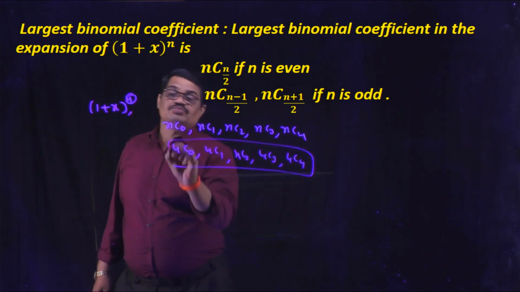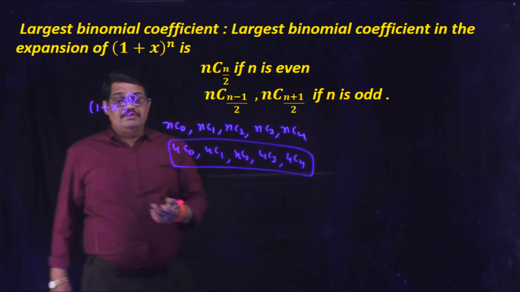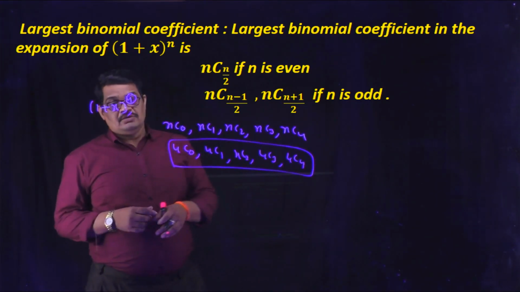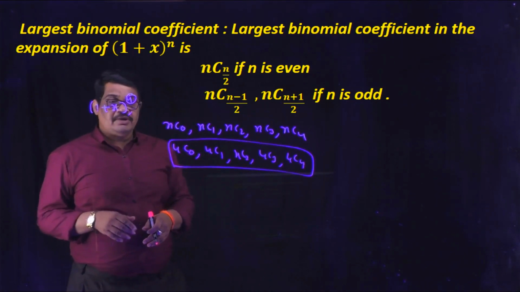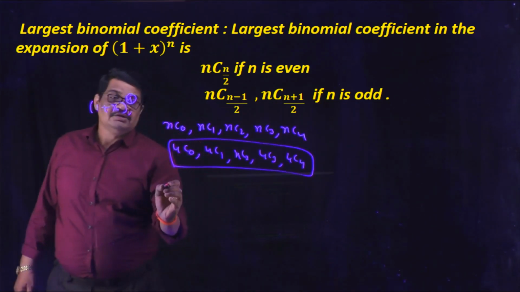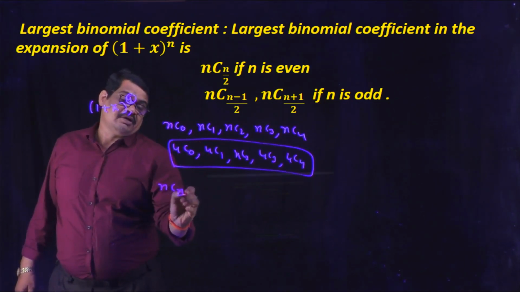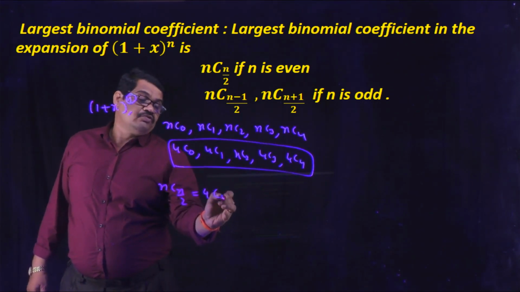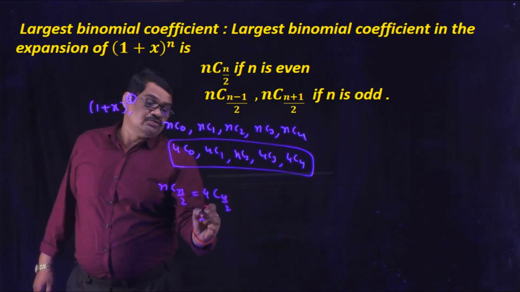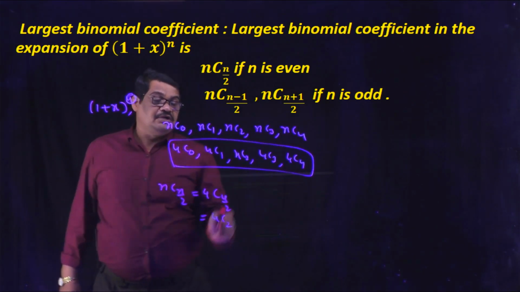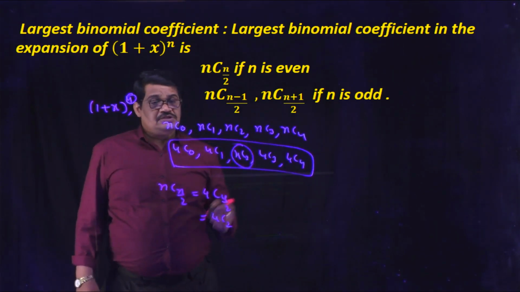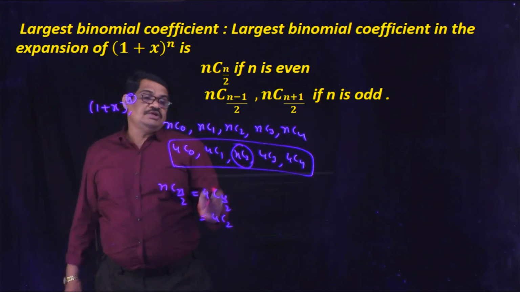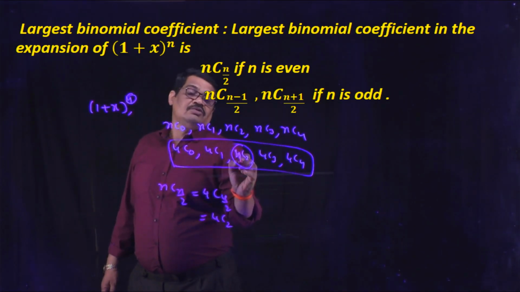If n is even, then what is the largest binomial coefficient? It is nC(n/2), that is, with n equal to 4, 4C(4/2), which is 4C2. In that, 4C2 is the largest binomial coefficient.